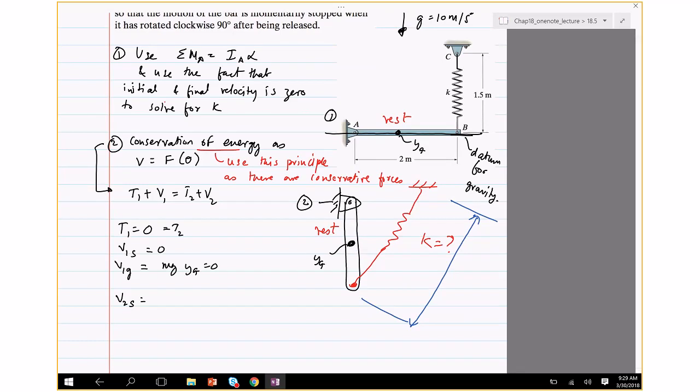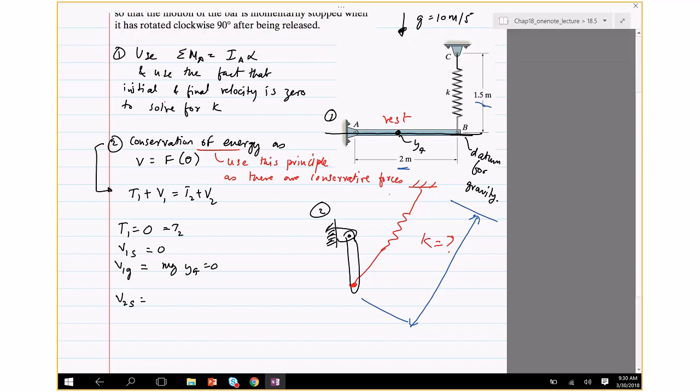This is 2 and this is 1.5. Let me redraw this slightly and reduce the length of the spring so it looks realistic. Okay, that's better.